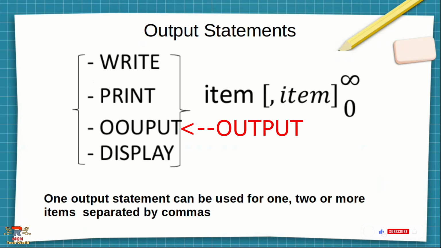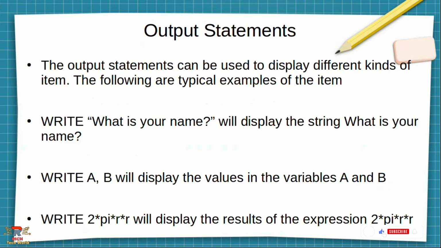The output statement can be used to display different kinds of items. The following are typical examples. As I said earlier, if you don't want to display something in a variable, you just want to display a sentence, or maybe give a question to the user, where you want to ask the user for a particular input, you could use the output statement to let the user know what to enter.